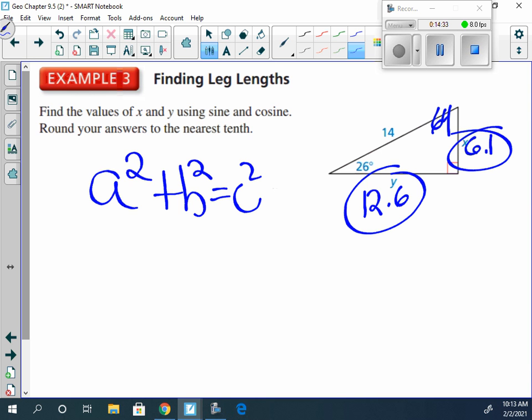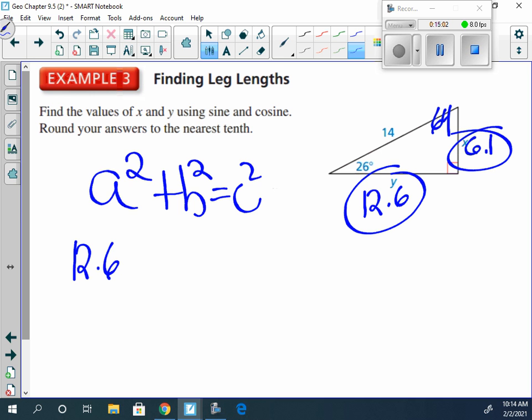Because again, when we got 6.1, what did we do? We rounded, yes? So 6.1, the exact value for x. Well, no, we had to round to get it, yes? And anytime we round and start using rounded numbers, the margin for error gets what? Bigger. So this will still work, but it's not going to be exactly right.